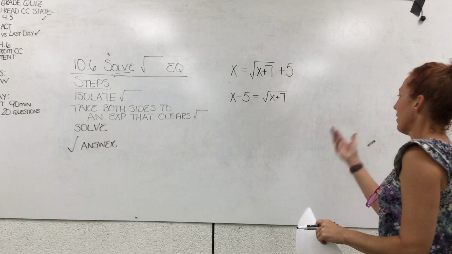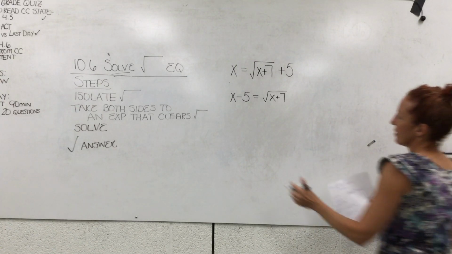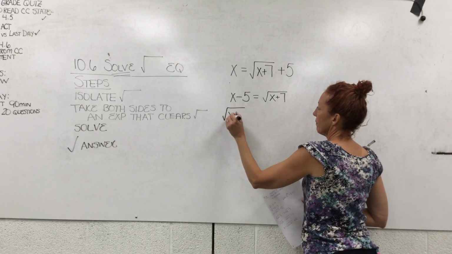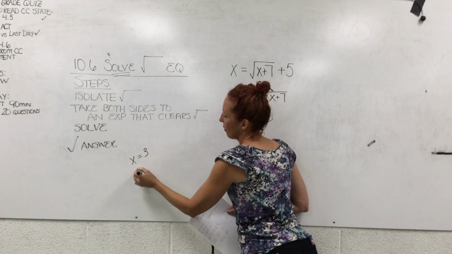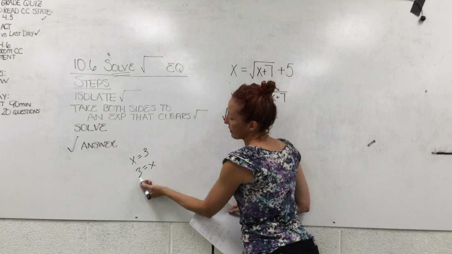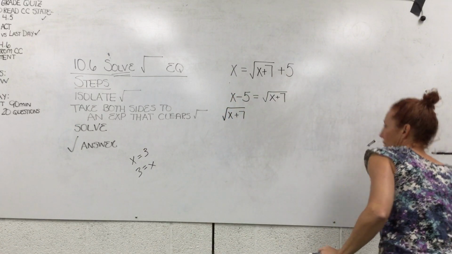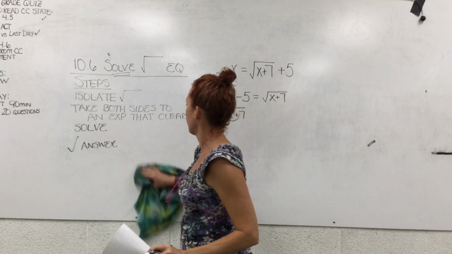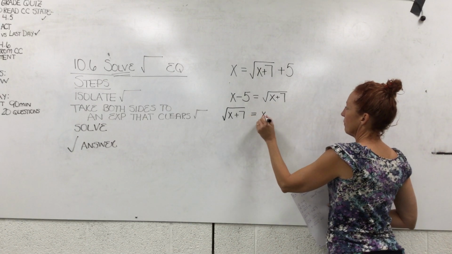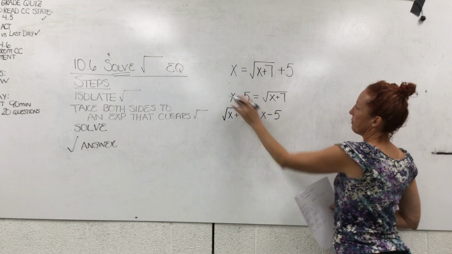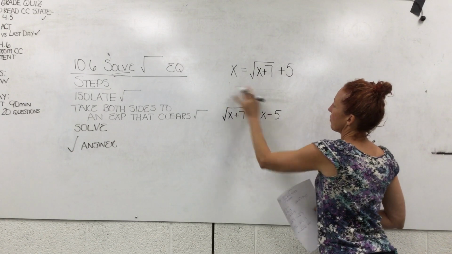So you can rewrite the whole thing if you want. It's kind of like when you have x equals 3 or 3 equals x. This one just looks backwards. Okay, so I'm just going to take a quick second and rewrite it. So I just flipped everything. All right, so that's what we've got.